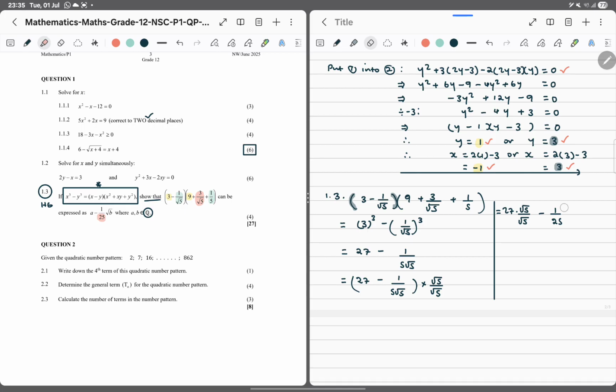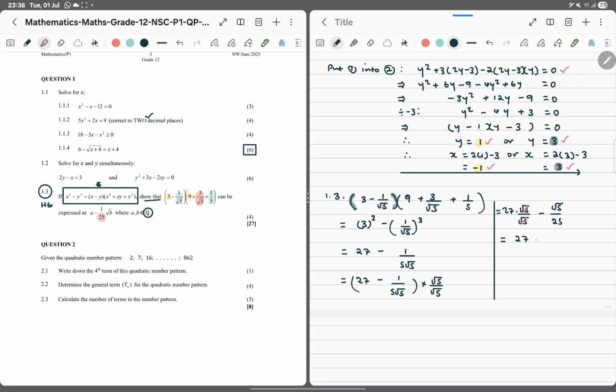Or we can easily just write this as 1 times root 5 is root 5. Then we know that this divides to 1, so it's as good as not there.